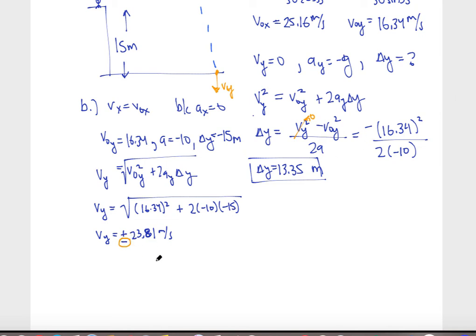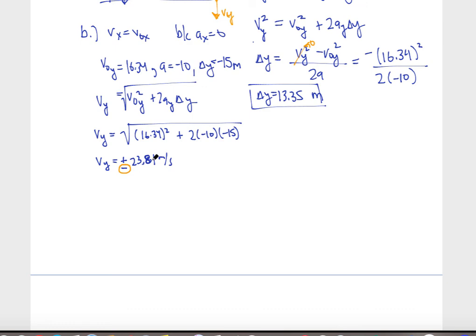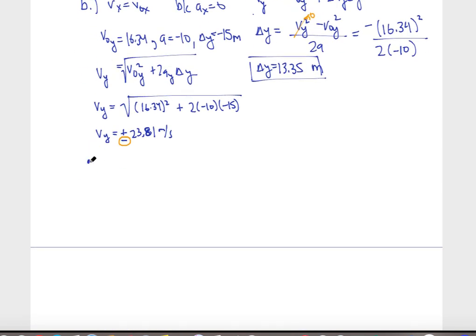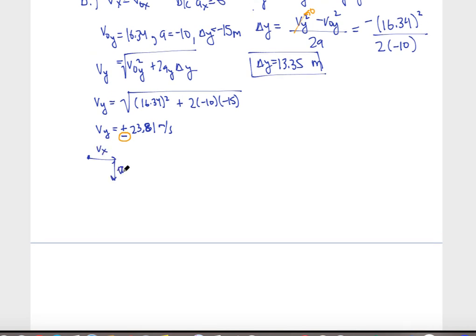So what that means for us then is that in order to find the speed of the rock just before it strikes the ground, I'm going to go through trigonometry here and find the magnitude of this velocity vector. And that is going to be the square root again of Vx squared plus Vy squared, which we can substitute in.